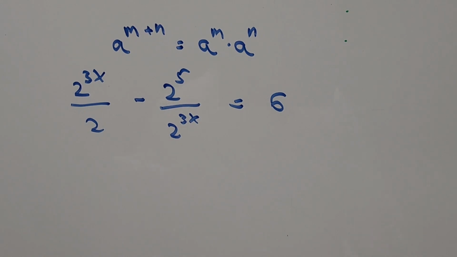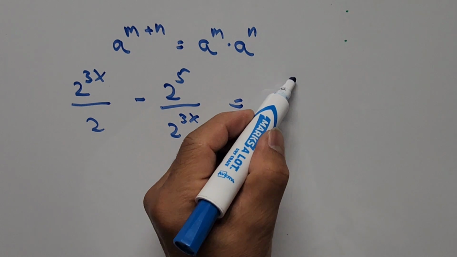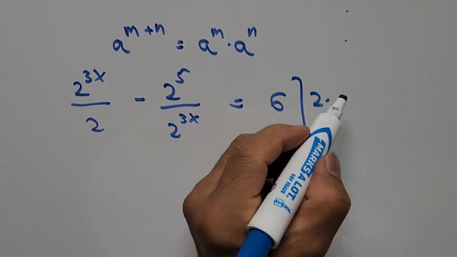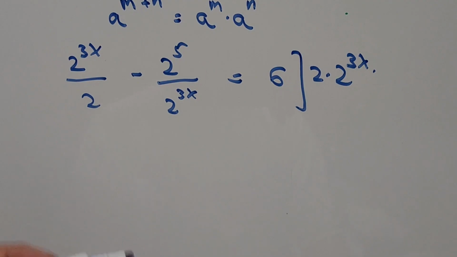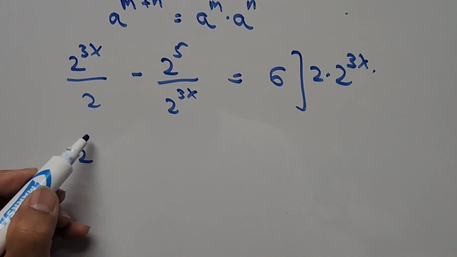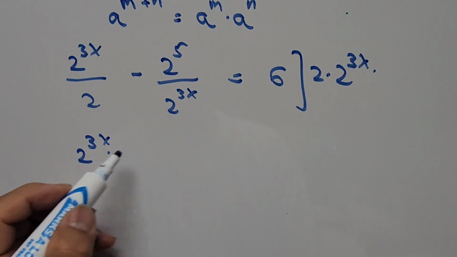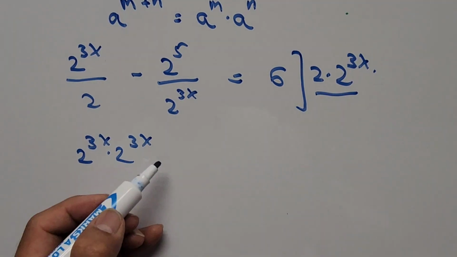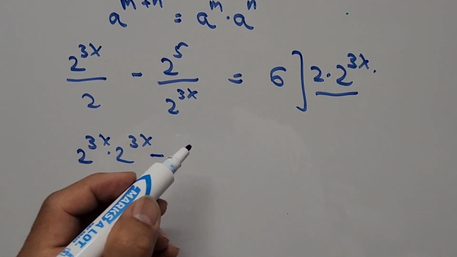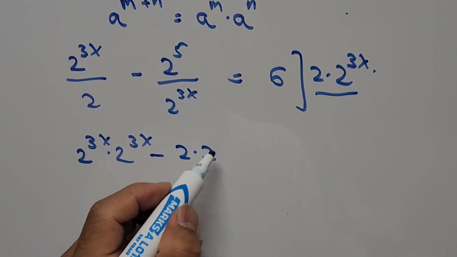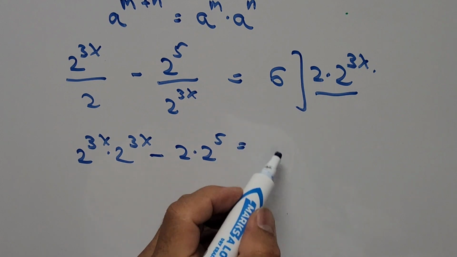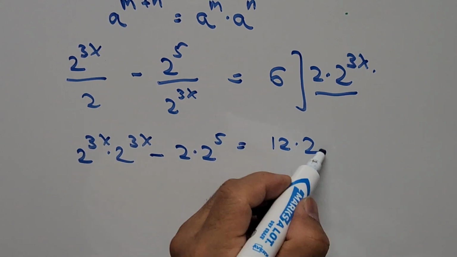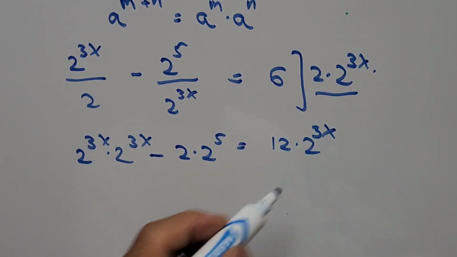Simplifying our equation, getting rid of the denominators, means we're multiplying the whole equation by 2 times 2 to the power of 3x. So we have 2 to the 3x times 2 to the 3x, minus the second term, which becomes 2 times 2 to the fifth power, equals 6 times 2, that is 12, times 2 to the 3x.